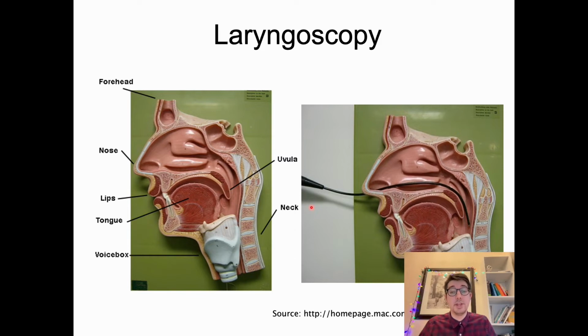That is, they can be damaged due to certain kinds of illnesses, for example, tumor, or they can be just damaged because you overuse them. Vocalists often experience this, and singers. And we want to investigate in which state they are.